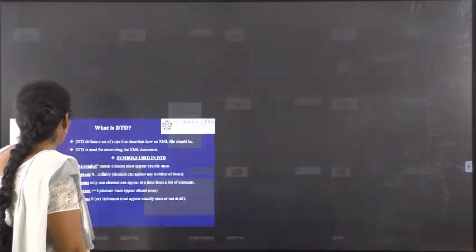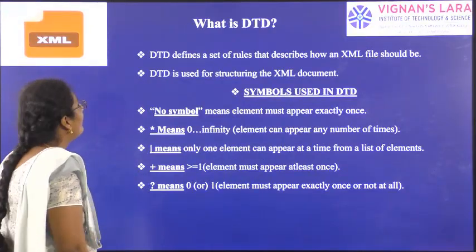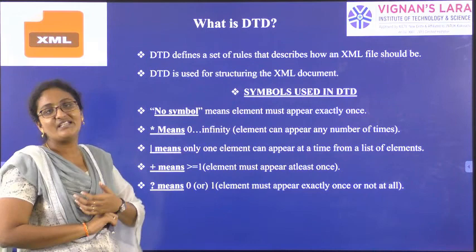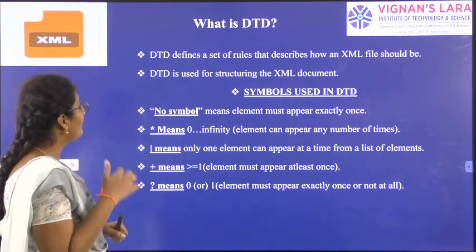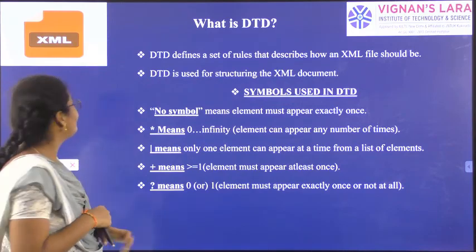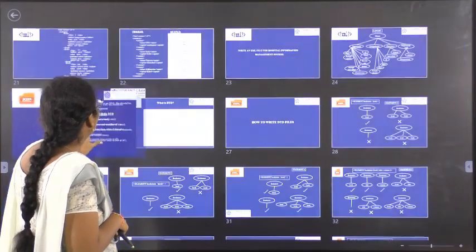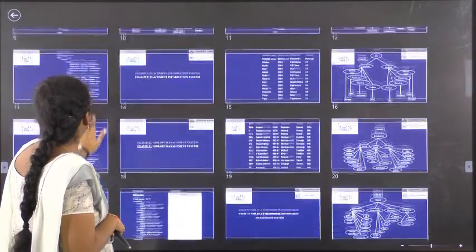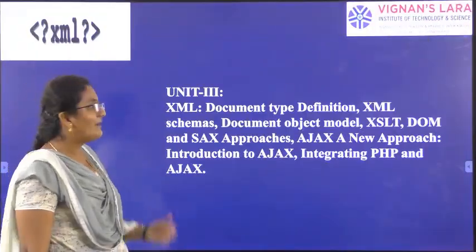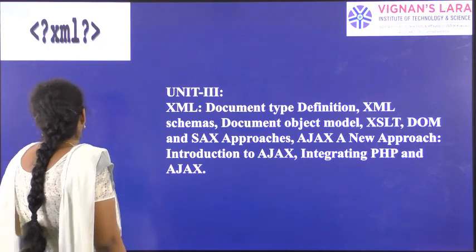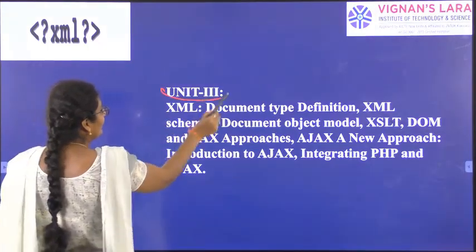So our next topic in unit 3 is DTD. DTD is the document type definition, as I told you earlier. We have started unit 3.